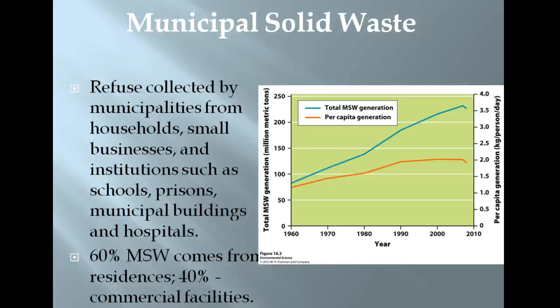Like for my microwave dinner, there's the tray that it came in, the plastic wrap on top, and then the box that it came in. So there's already a lot of waste. Otherwise, it would have been food scraps like an apple core or banana peel, but most of it was containers.